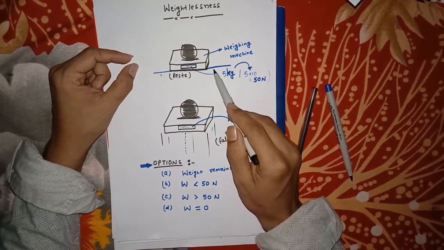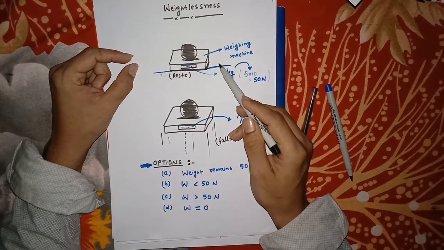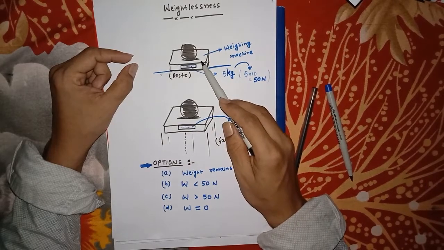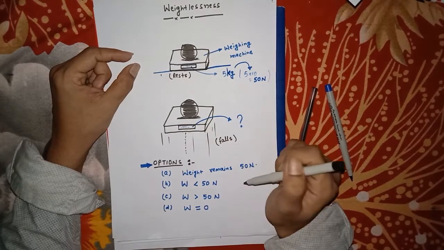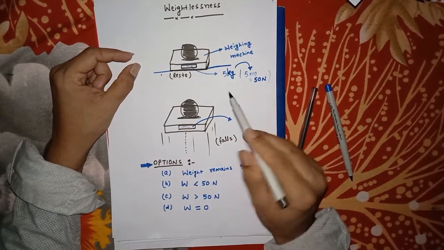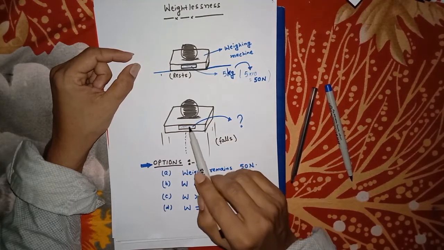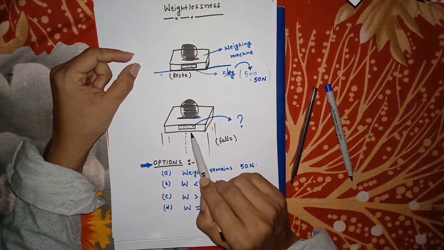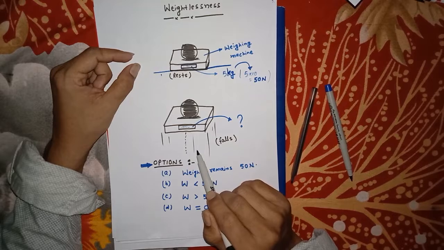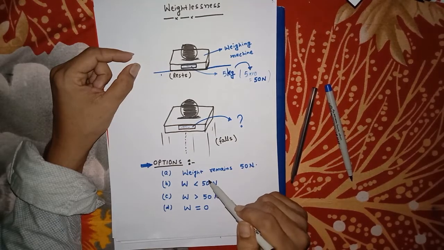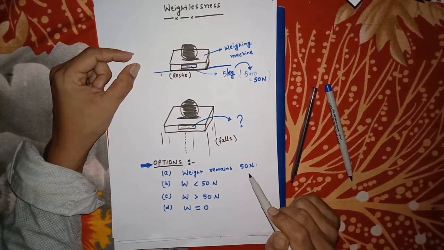Suppose the table on which the weighing machine is kept is slipped by my kick, and the weighing machine begins to fall on the ground. Now I see the reading of the weighing machine during the fall. What happens? Does weight remain constant, that is 50 Newton?